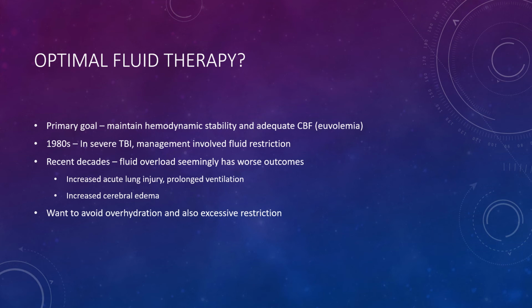Looking back in the 1980s, in severe traumatic brain injury, the management usually involved fluid restriction, but this accompanied with using hyperosmolar therapy to treat cerebral edema caused dehydration, which could be severe and was of special concern in traumatic brain injury, because the dehydration eventually caused a direct reduction in cerebral perfusion pressure with subsequent hypotension.